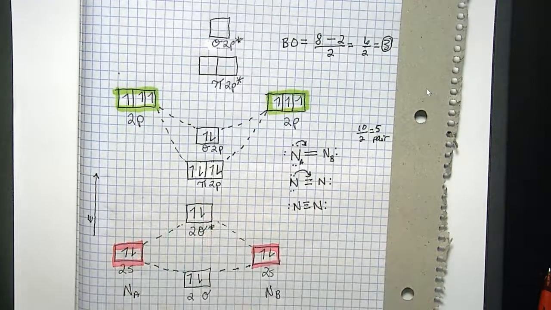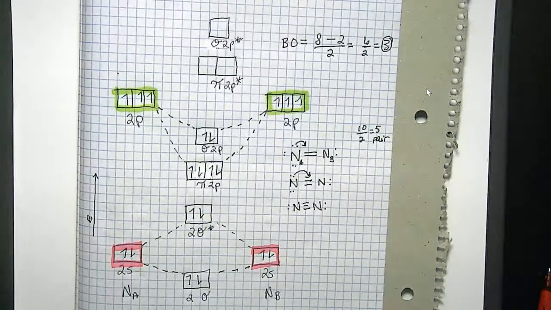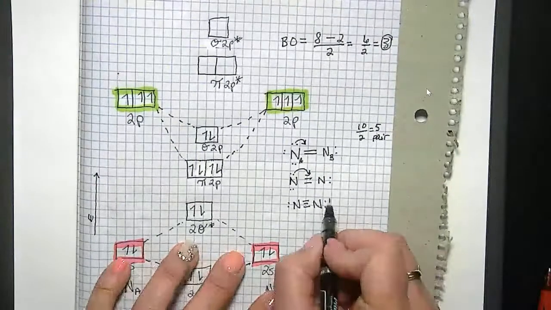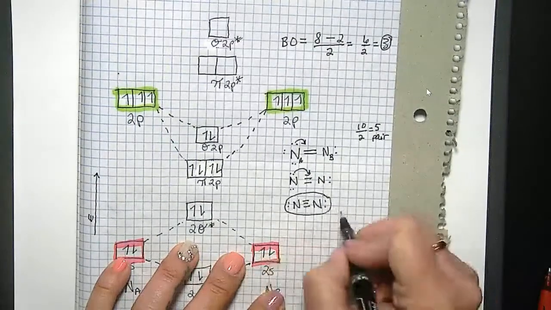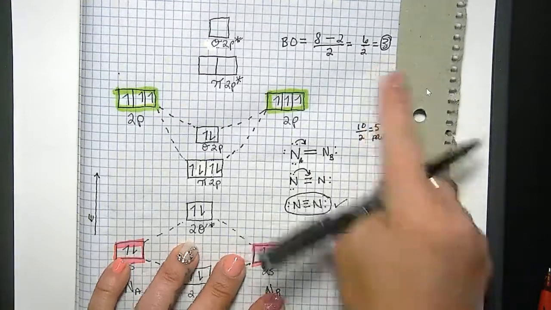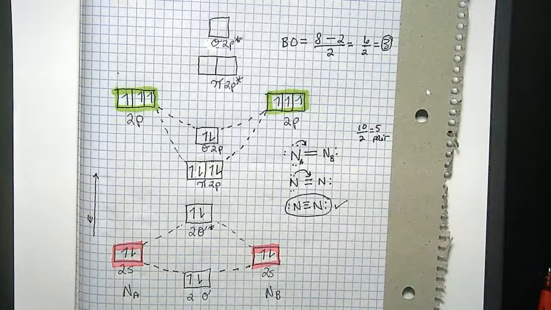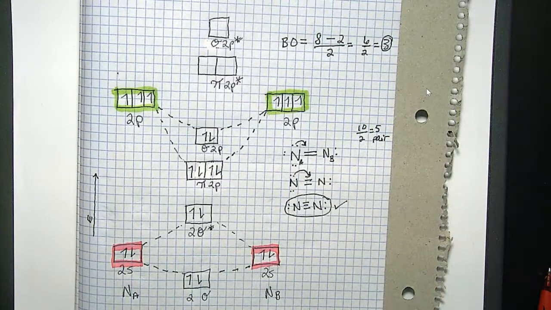Lo and behold, N2 has a triple bond, just based on the Lewis structure. That will be its final structure. So we could predict, based on the bond order, how many bonds would be between the two nitrogens.